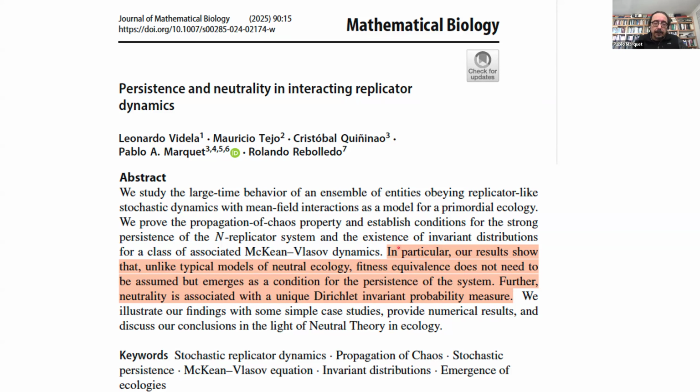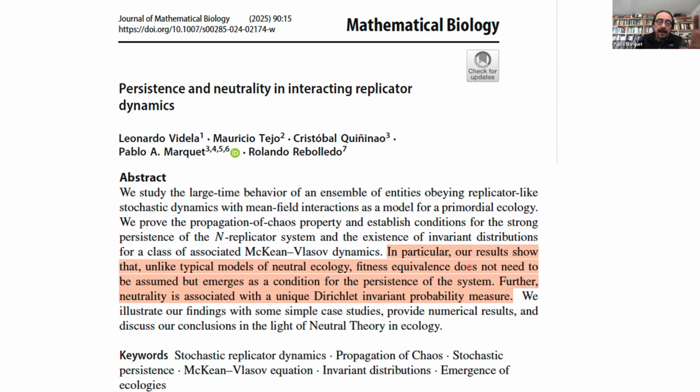What we found, as I highlight in the abstract here, is that fitness equivalence does not need to be assumed, but emerges as a condition for the persistence of the system. We showed some theorems for the persistence of the stochastic system, and for that to happen you have to satisfy these neutrality assumptions.